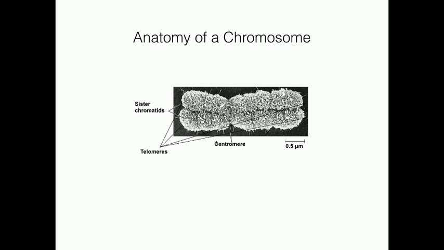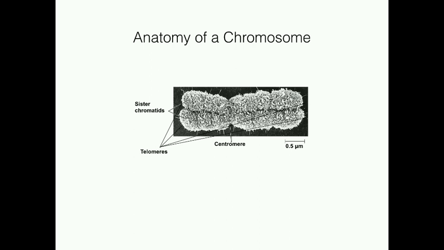This is an example of a chromosome, and this chromosome has two chromatids. You can see this up here. This is one chromatid here. This is one chromatid here. And they are bound together at their centromere.